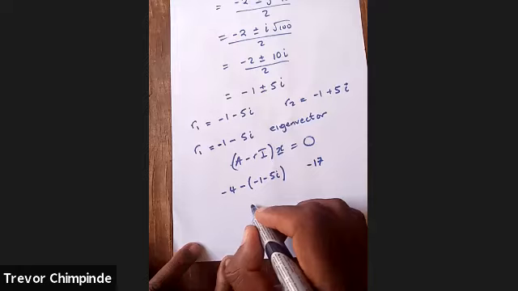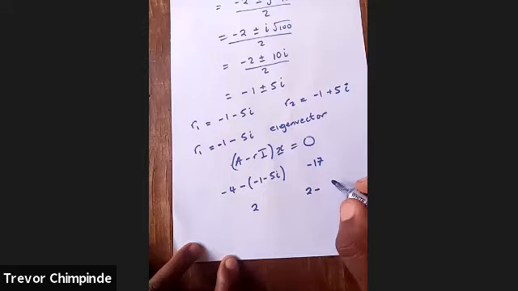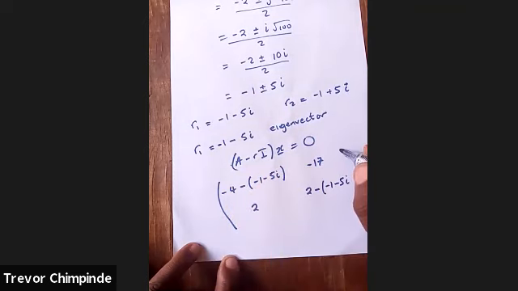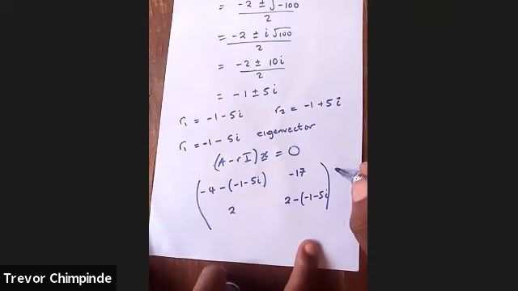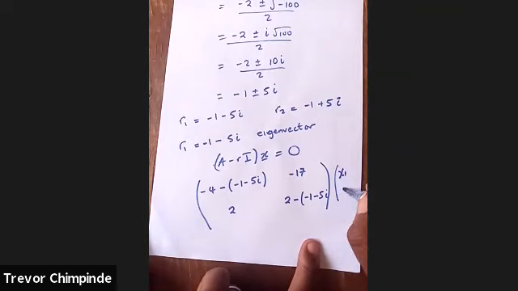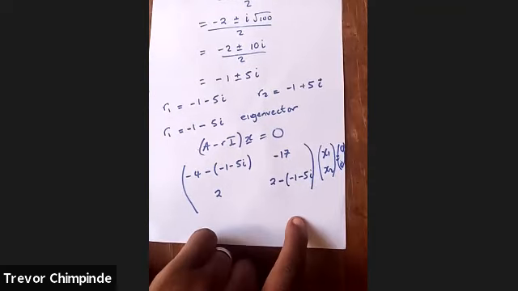Then this is 2, then 2 minus (minus 1 minus 5i). So this is the minus rI. Then you want to find x1, x2 equal to 0, 0, like this.